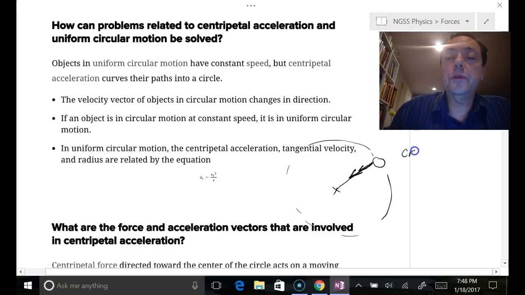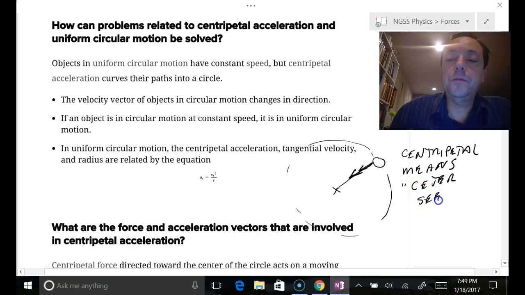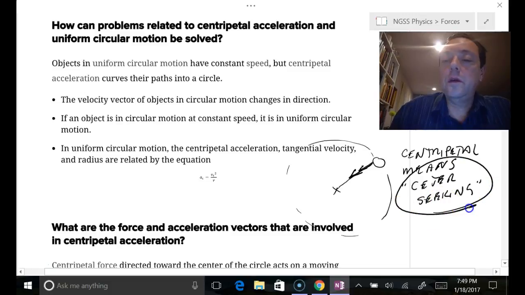So centripetal means center seeking. It's always seeking the center.